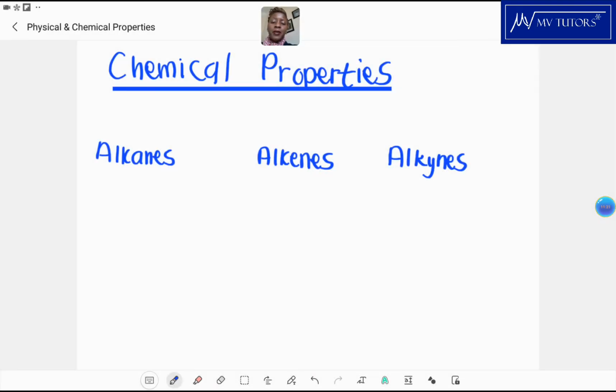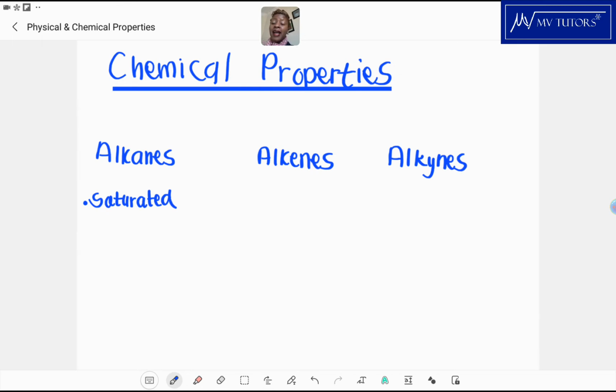With the chemical properties, we're going to look at the functional groups, and I'm starting with the hydrocarbons: the alkanes, alkenes, alkynes. The alkanes are saturated, which means you can't add any more atoms to these compounds.